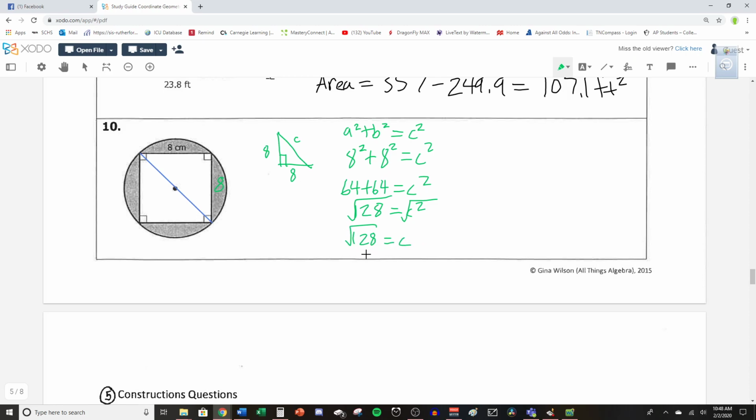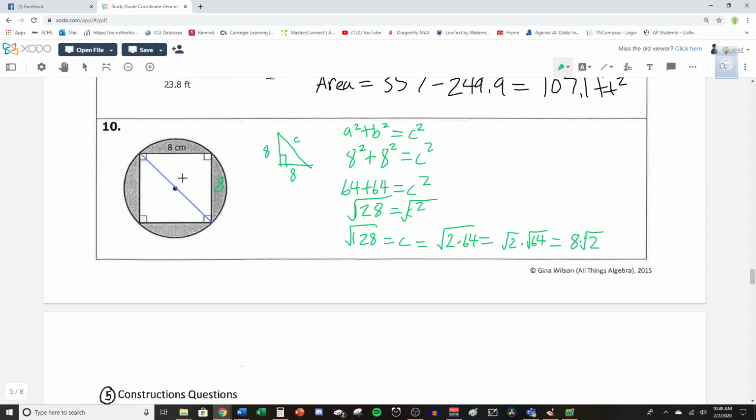I do want to go ahead and simplify this. I don't want to put it into a decimal yet, but if I were to simplify it, I could rewrite it as square root of 2 times 64. Break that apart into square root of 2 times square root of 64. We know the square root of 64 is 8, so actually this is 8 times the square root of 2.